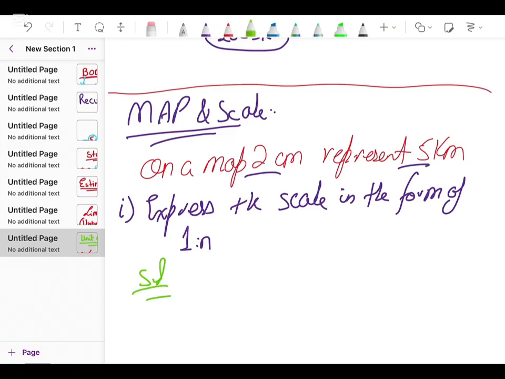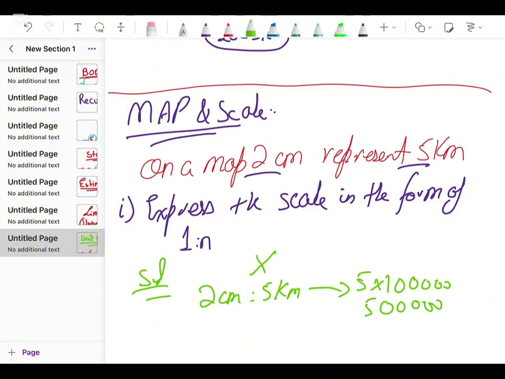First, 2 centimeter ratio 5 kilometer. We cannot solve this because you can see that both have different units. So first I will convert kilometer into centimeter. So I will multiply this. We already did the conversion, so this will become 2 centimeter, and we have the value.